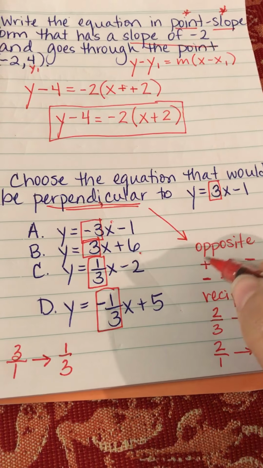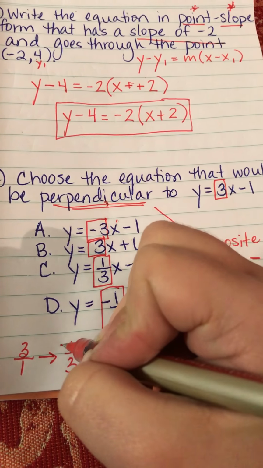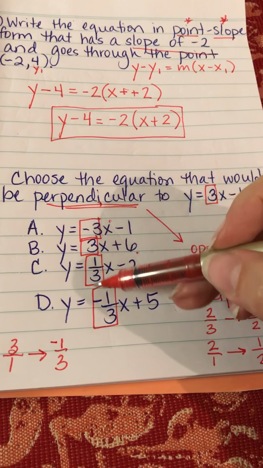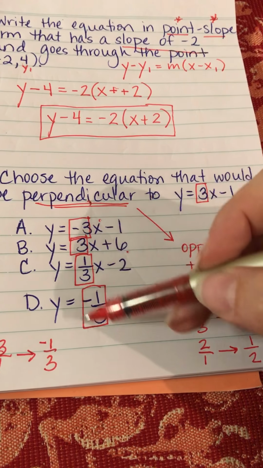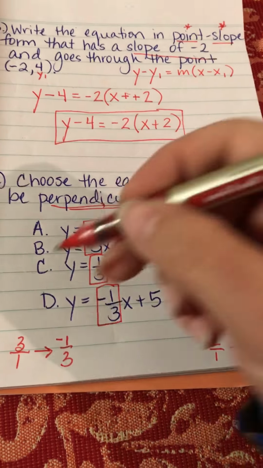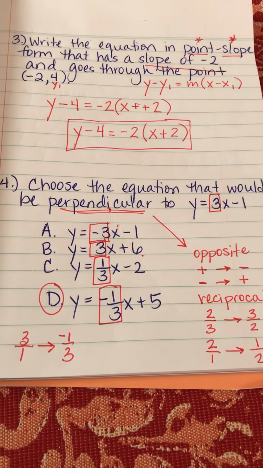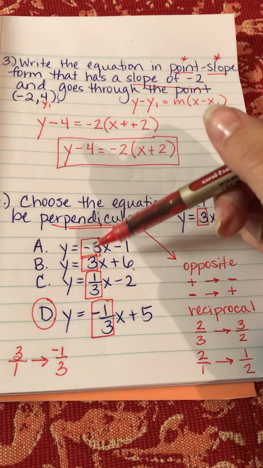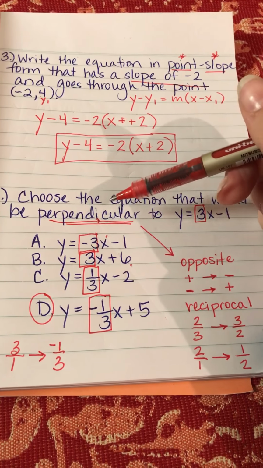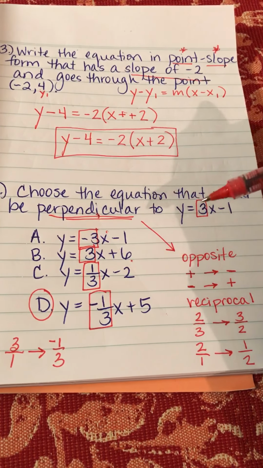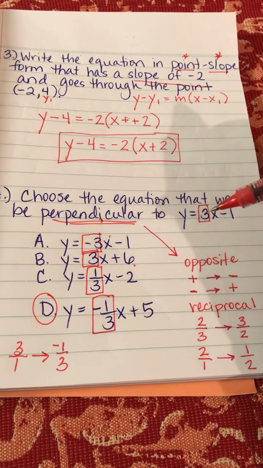And then the opposite would be negative. So all I have to do is find the one that's a negative 1/3, and that would be the perpendicular line. Done. This one would be parallel. So if it's asking for parallel instead of perpendicular, the slopes should be the same.